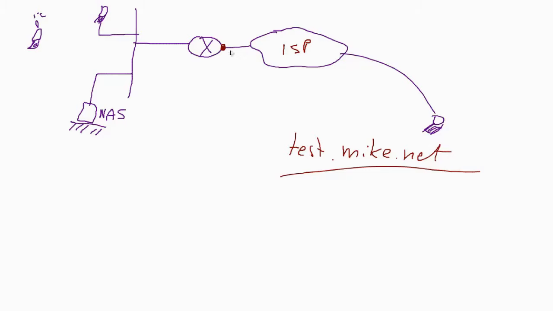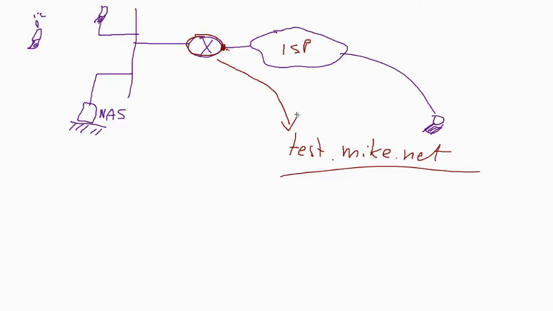And what will happen is that every time, let's say every 5 minutes, this router will update test.mic.net with an IP address. Or to be more specific, it will check, has this IP address changed in the last 5 minutes?